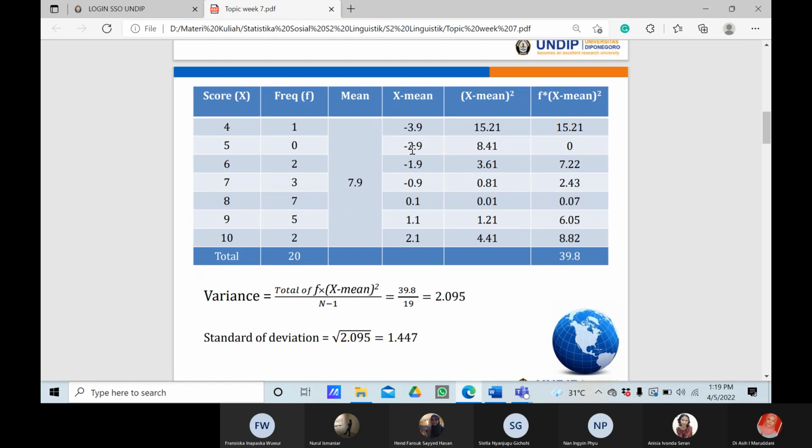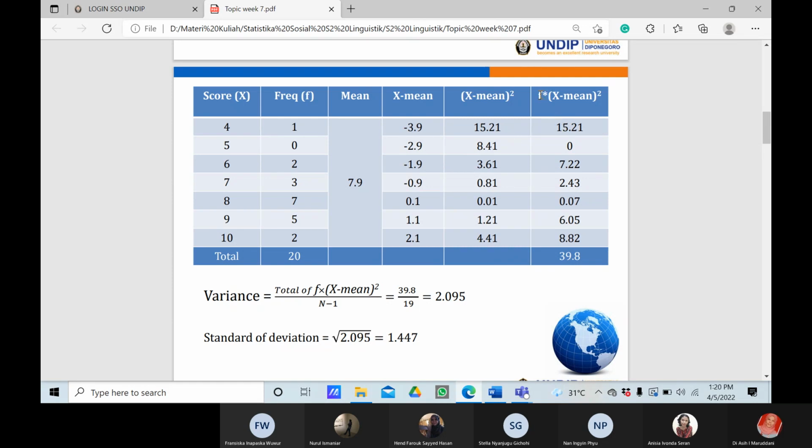The square of minus 2.9 will be 8.41. The square of minus 1.9 will be 3.61, and so on until the last row. You will calculate the square of 2.1, which will be 4.41.